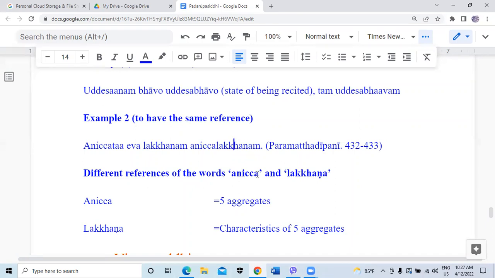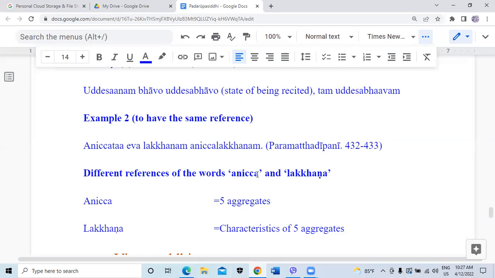Who is a non-Brahmin? You need to point to that person, right? Okay. For example, Akata, okay, Akata. What has not been done? So what has not been done? You need to find out. Okay, this is Kammadhāraya samāsa.